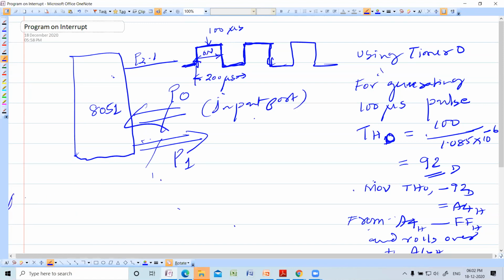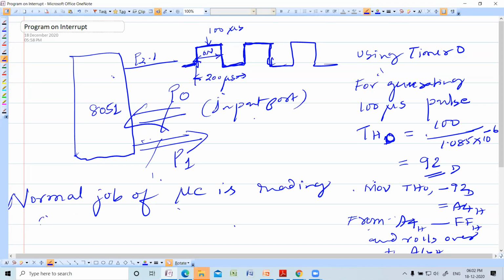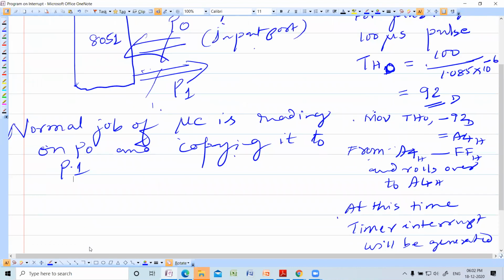So the normal job of the microcontroller is reading on P0 and copying it to P1. This is the main task.